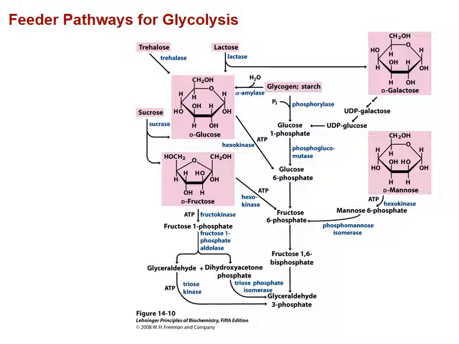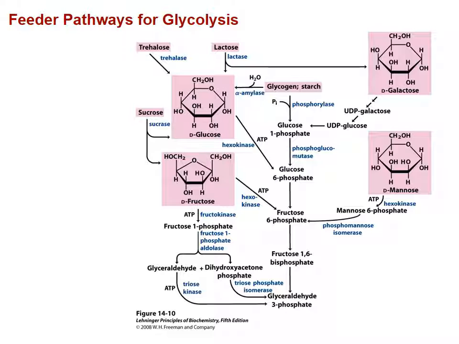Now to go back to biochemistry and continue talking about glycolysis. By now we know very well that the main player in glycolysis is glucose as the feeder molecule into the glycolysis cycle. But besides glucose, we have many other sources of sugars that can be used to feed glycolysis.